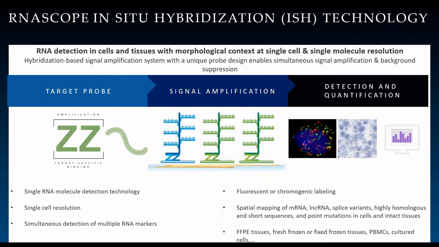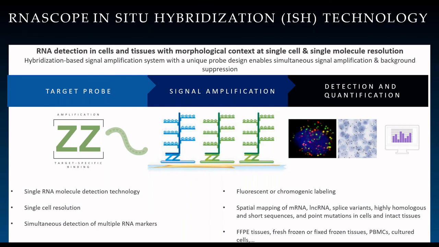We have a signal amplification strategy which allows you to visualize your target with a high degree of signal to noise ratio. And our detection and quantification system allows you to visualize a single molecule of RNA as a punctate dot, either with chromogenic or fluorescent signals.